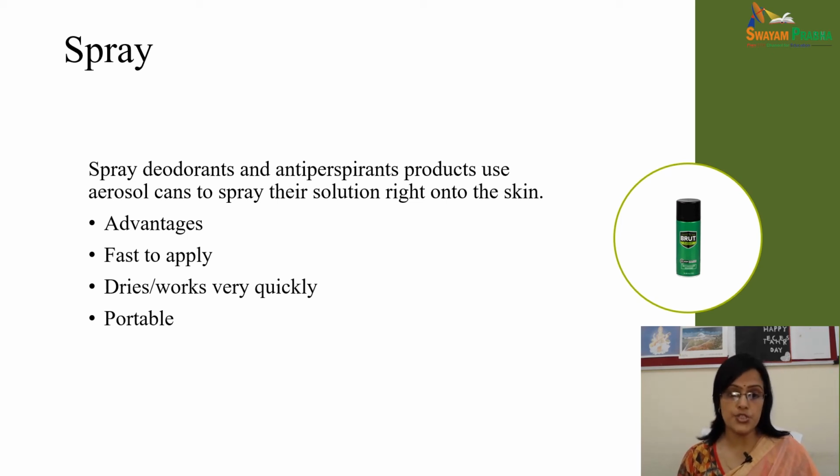Advantages: fast to apply, dries and works very quickly, portable. The disadvantage is that it can be harmful if it is not used properly, for example if it is not used at the required surface area.